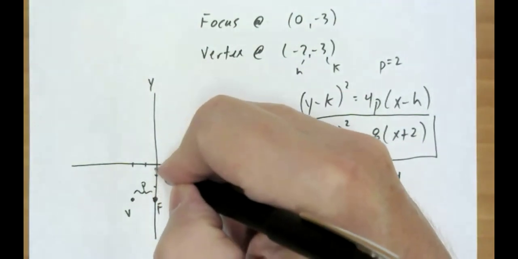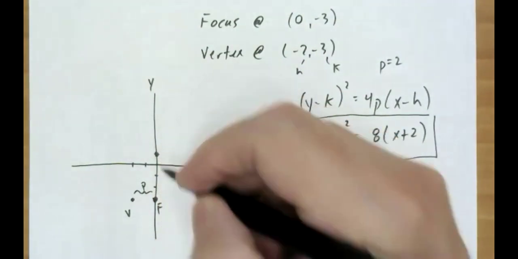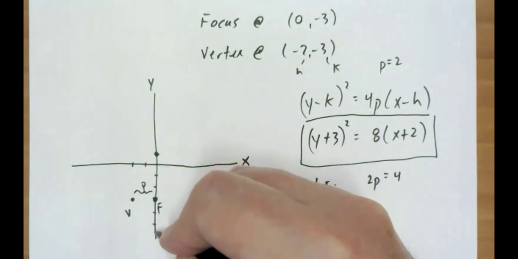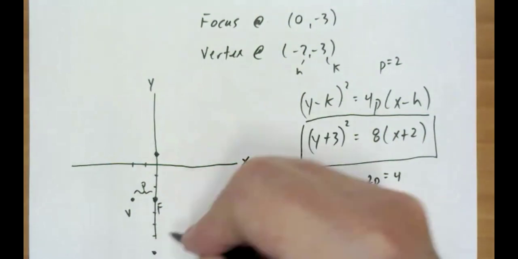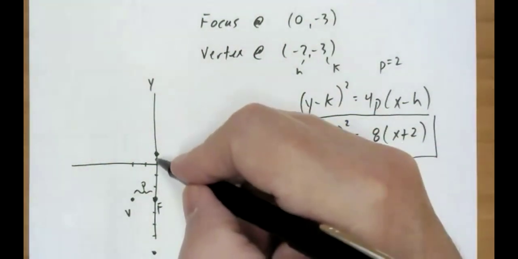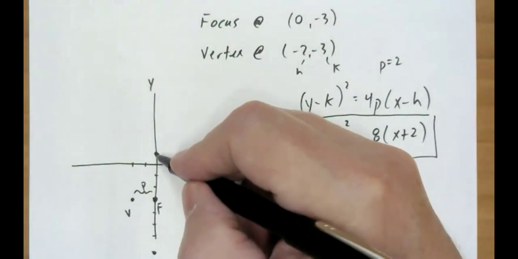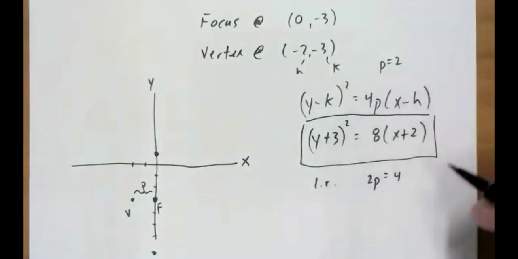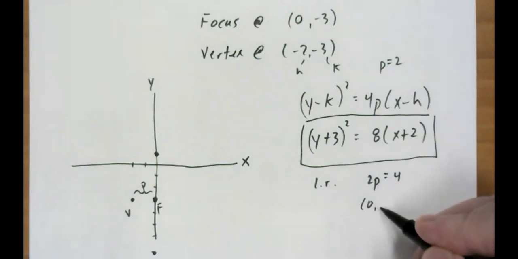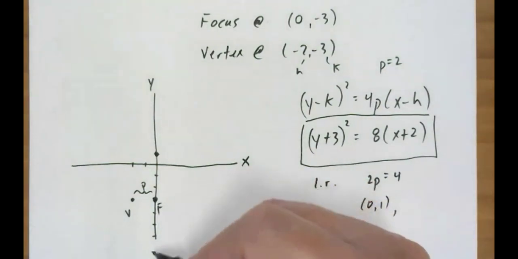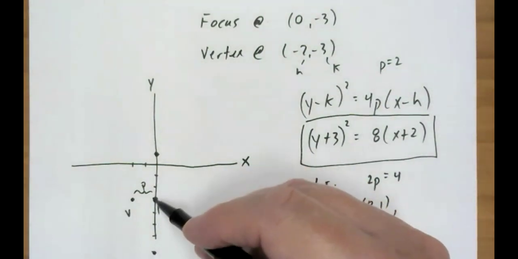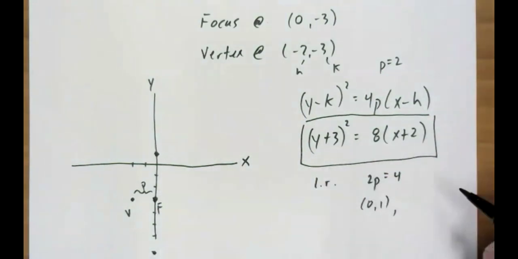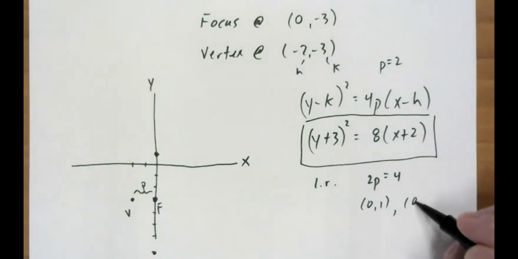So 1, 2, 3, 4, and then 1, 2, 3, 4. So those 2 points, this is going to be 0, 1. And this is going to be 0, I'm down here at -3, and I went 4 more, so -7.